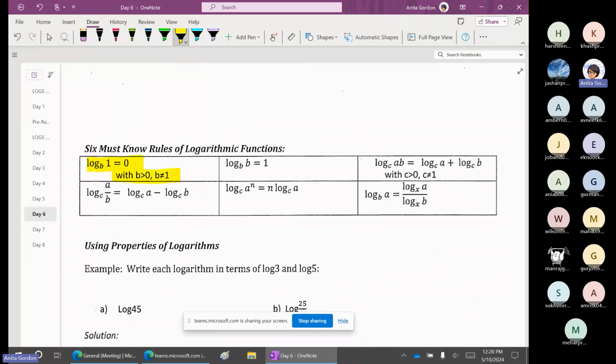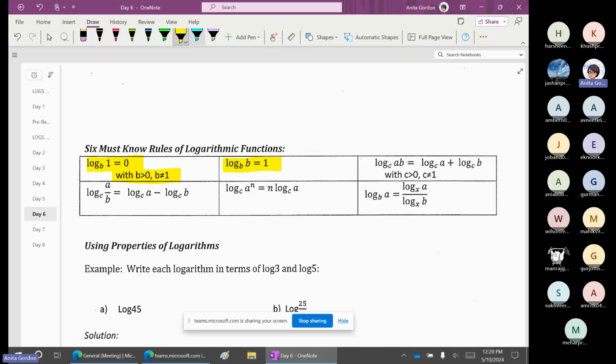Here is what we started with. The log of any base of 1 is 0. The log of any base, if the same number is inside the log, it is 1.